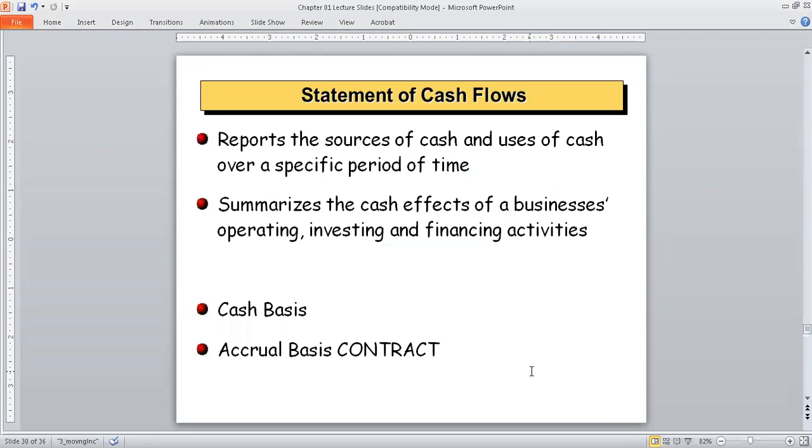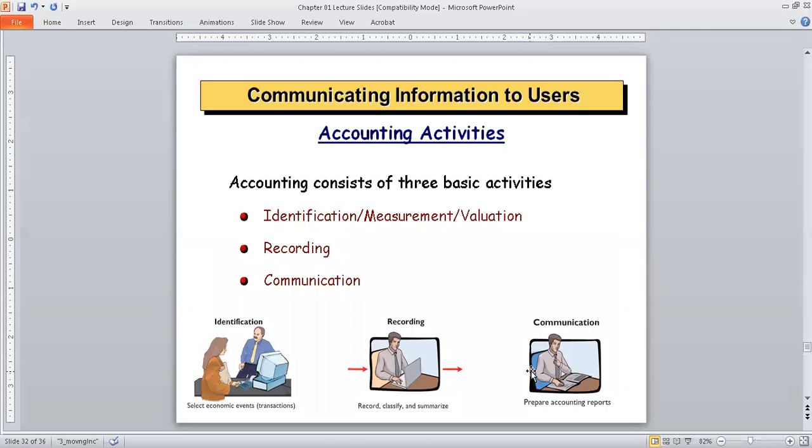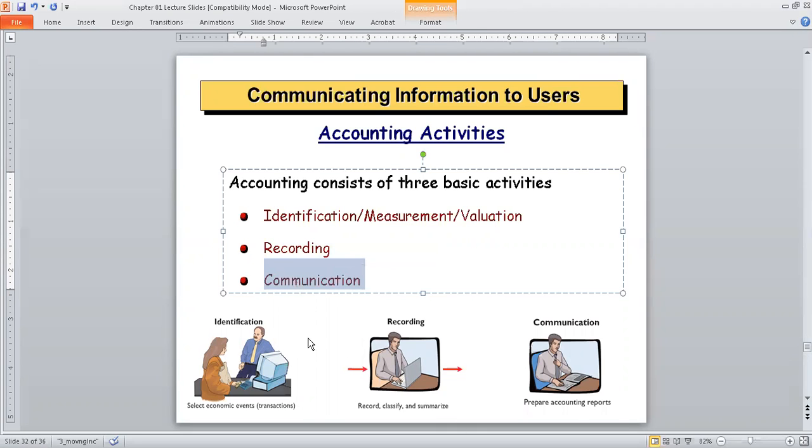with a little bit of information about an annual report. Now, we've seen this screen a couple times now, and we'll see it a couple more times, because this really summarizes the first 4 chapters, what we're learning about in the first 4 chapters. And chapters 1 and 2 are all about communication. How do we communicate? With the financial statements.